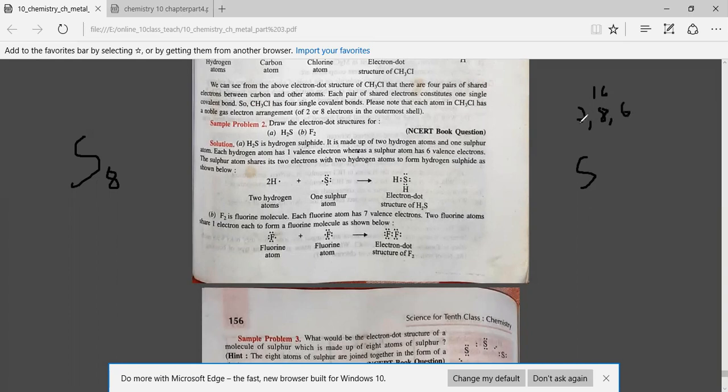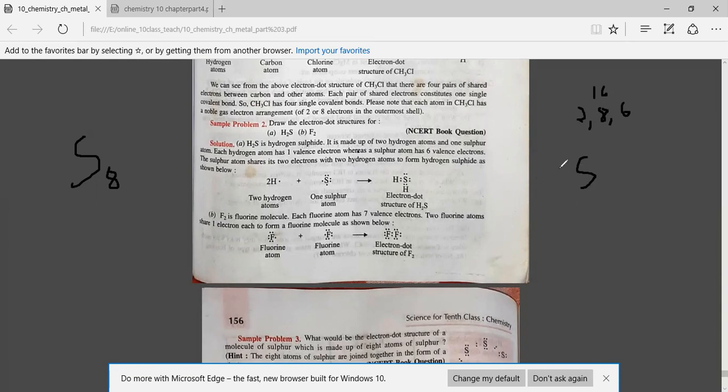So one sulfur requires 2 electrons for completing the octet. Now for one sulfur to come here and one sulfur to come here, each should share only 1 electron with its neighbor. Then only they can form a chain.